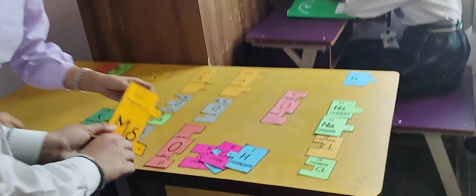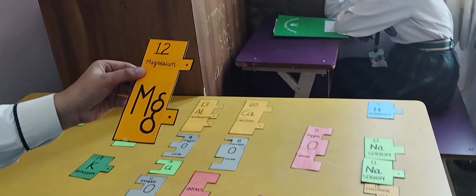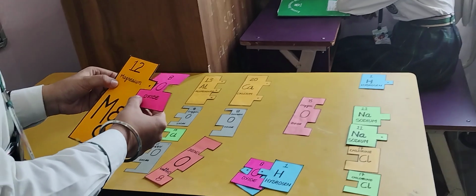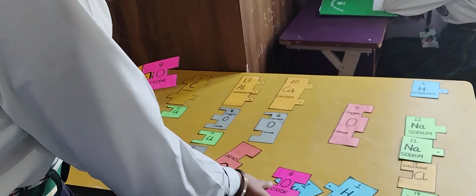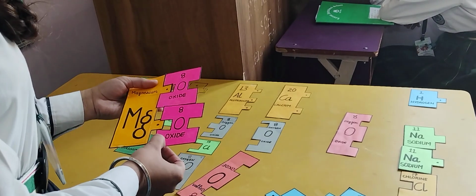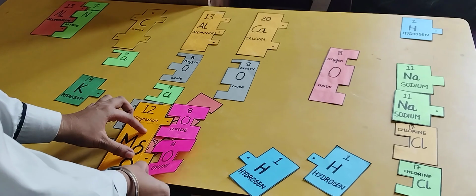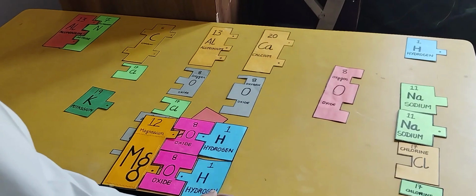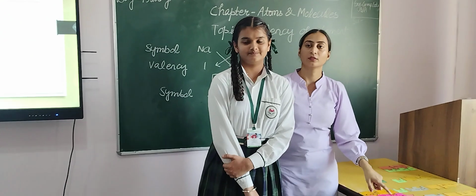On this table you can display the formula. Yes. So here I have magnesium, which has valency of 2. So we can join oxygen with it, and next to it we can join one more oxygen. And then to fulfill these valencies we can join hydrogen to it. So yes, Navdeep, what formula will you obtain? It will be Mg(OH)2.